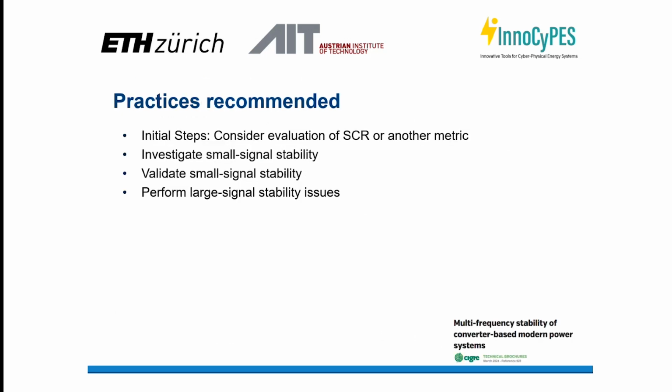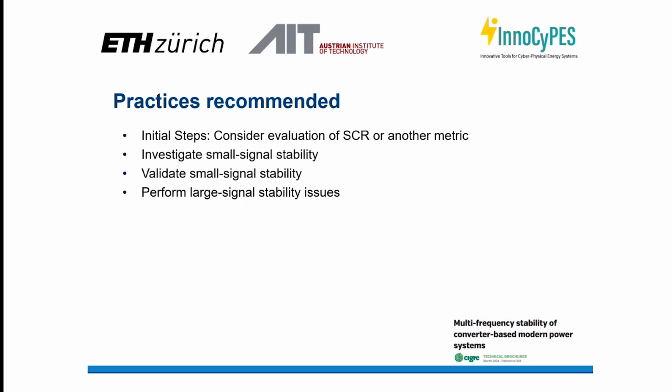Now, finally, some recommended practices if you want to analyze the stability of feedback loops using passivity or mixed small gain and phase. One is to consider the evaluation of the short circuit ratio or another metric, meaning that the grid could be represented in a good way initially, but one of those indexes.